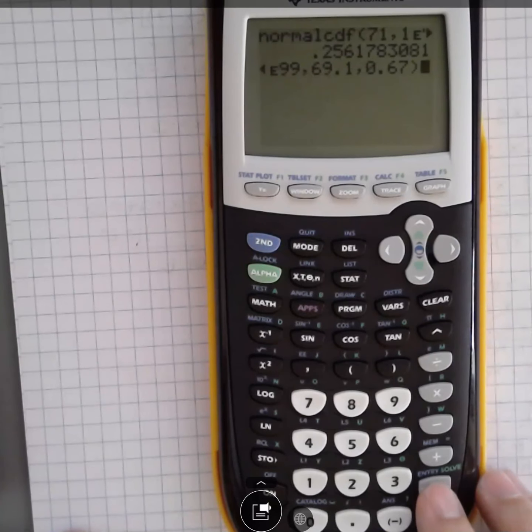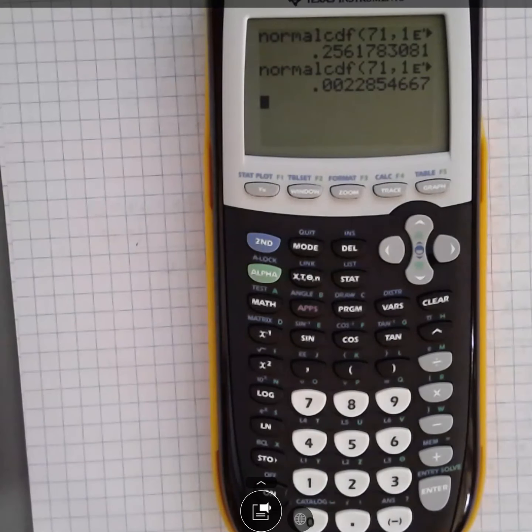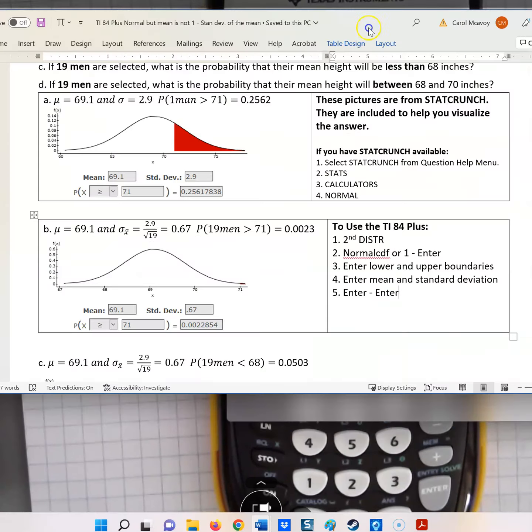Hit enter twice. That enters it into the computer. Hit enter one more time, and you'll get that really small percentage that we saw and would expect to see with a problem like this.